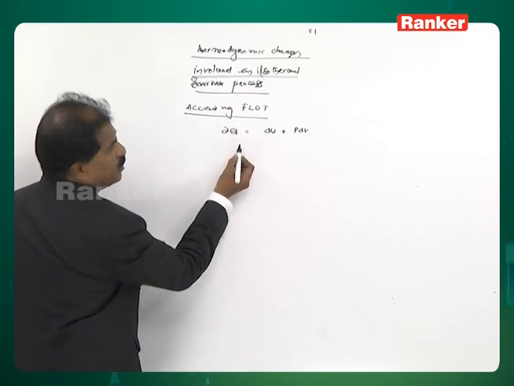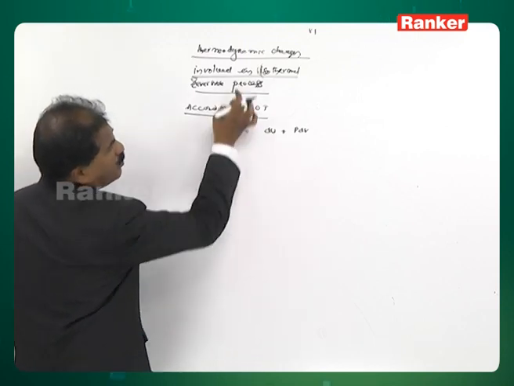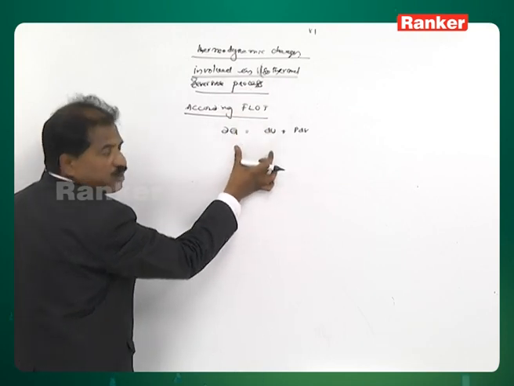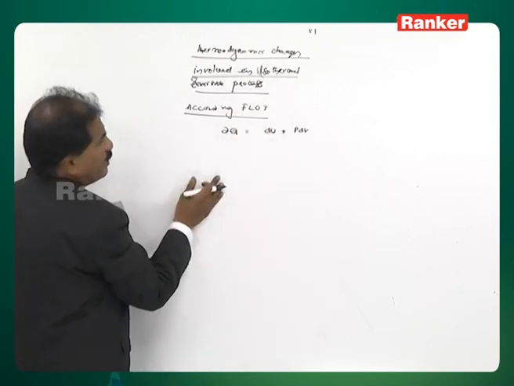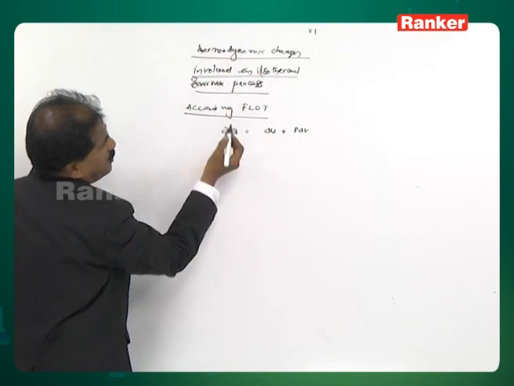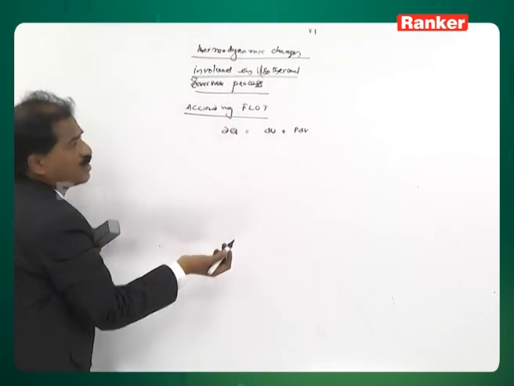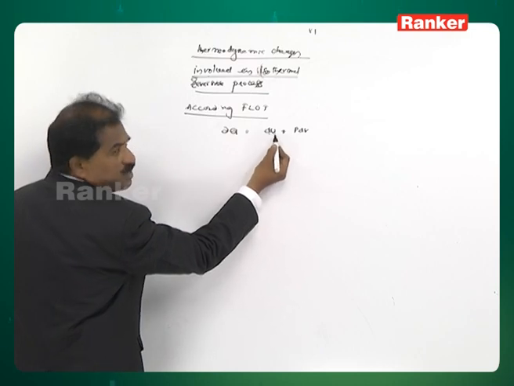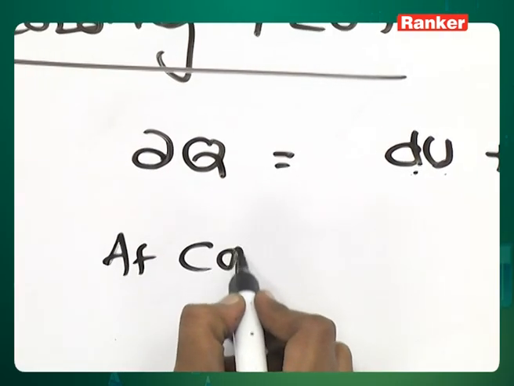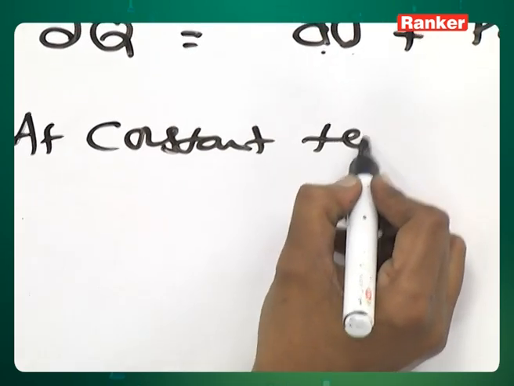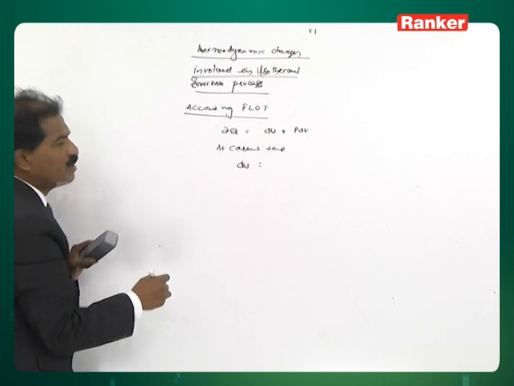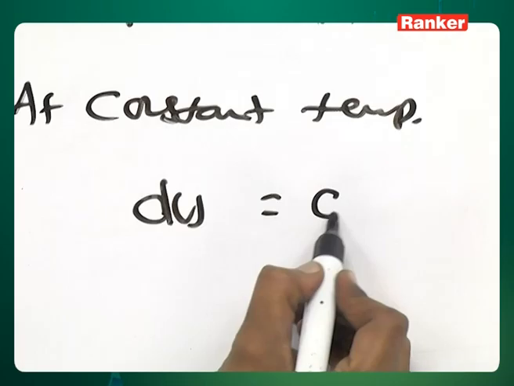This is the first law of thermodynamics. Now we are studying the thermodynamic changes involved in the isothermal reversible process. Here we are maintaining temperature constant. When temperature is constant, internal energy change is 0. Therefore, at constant temperature, internal energy will remain constant, so the change in internal energy is 0.